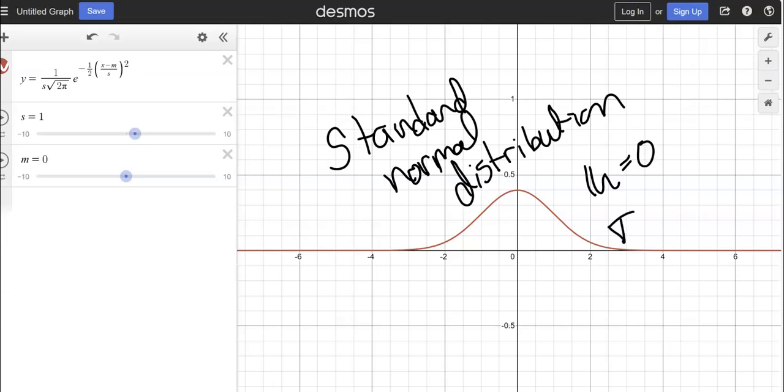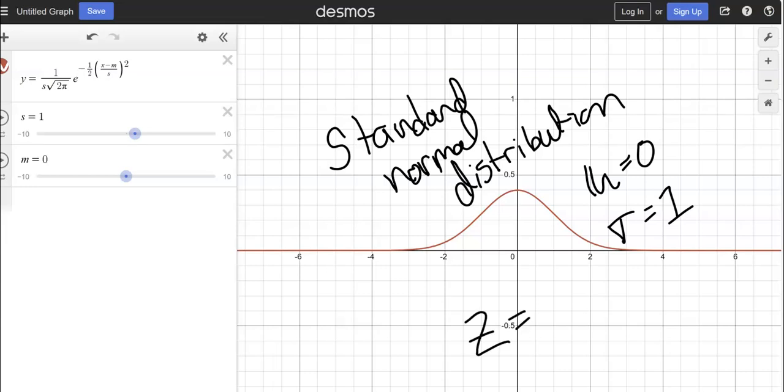Mean is 0, standard deviation is equal to 1. And what we used to do is we used to take problems that had different means and different standard deviations. Maybe we're talking about IQ scores that are normally distributed with a mean of 100 and a standard deviation of 15. And we could kind of put them on the same scale and we could standardize them.